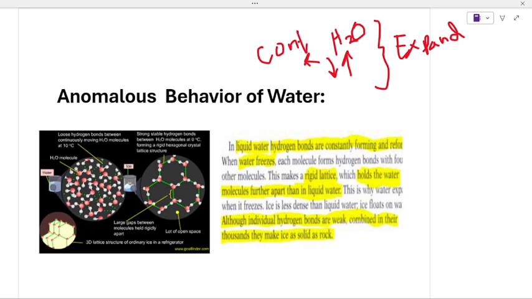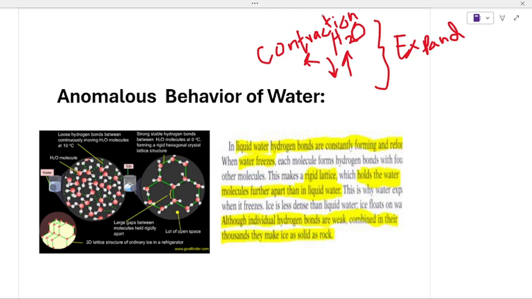When we have a temperature of 27 to 30 degrees centigrade and we decrease that temperature, it will start the contraction process. So the water molecules will start contracting. Why? Because we have decreased the temperature.